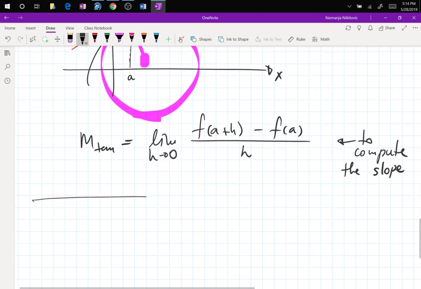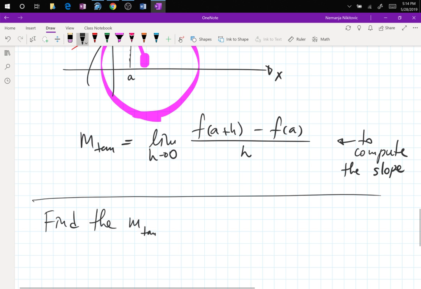So let's say we have a problem. Find the slope of the tangent line, so m tangent, at, let's say, x equals 3, given f of x equals x squared minus 3x plus 1.